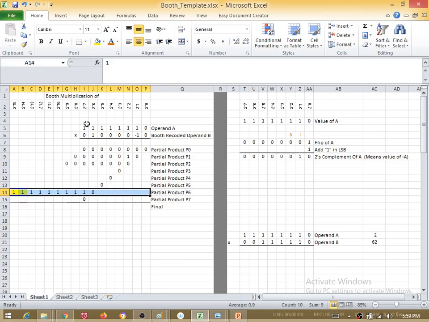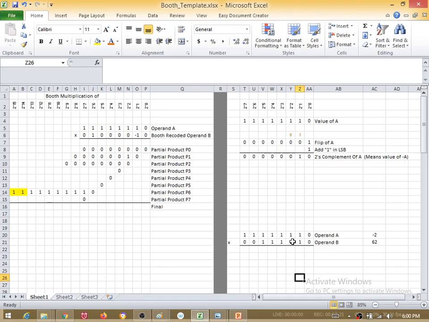Now if you think about that, if we had done the same process where I did not change my operand B using Booth's recoding, how many partial products would have been valid? In that case, the total valid partial products would have been 5, because whenever you multiply operand A with this, it is going to lead to an actual number.